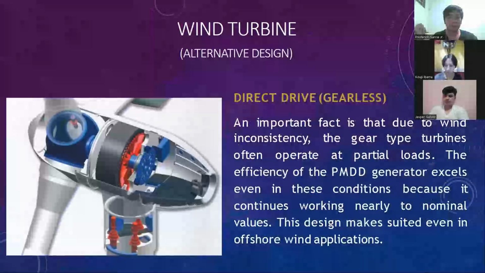An important fact is that due to the wind inconsistency, the gear-type turbines often operate at partial loads. The efficiency of the PMDD generator excels even in these conditions because it continues working nearly at nominal values. This design makes it suited even for offshore wind application.